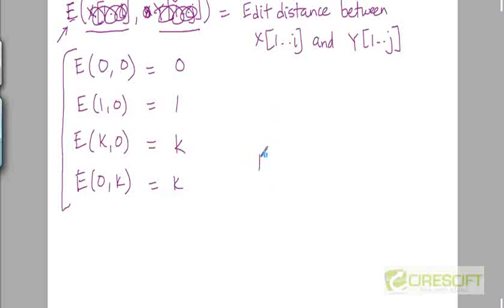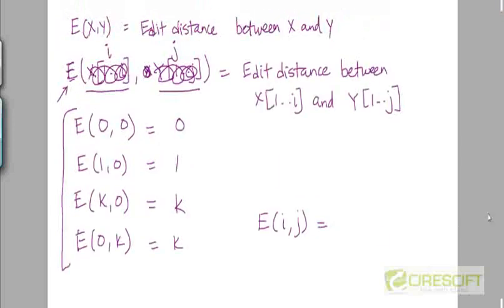So let's now try to calculate a formula for E of i comma j, just like we had the formula for the Fibonacci series. Of course, there the definition of the function itself gave you the formula of Fibonacci of n in terms of smaller values of the argument.